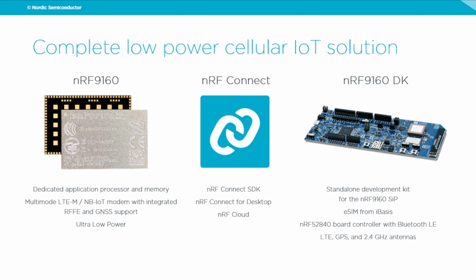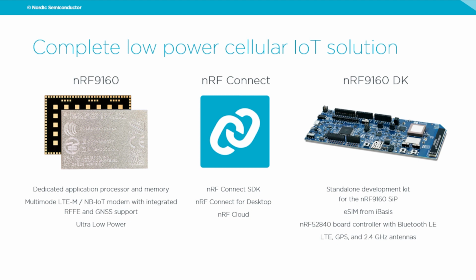And at the end we see the nRF Cloud, which is our cloud service, where we have different cloud services that support cloud-to-cloud through REST APIs and also device to cloud. We include different services such as location services.